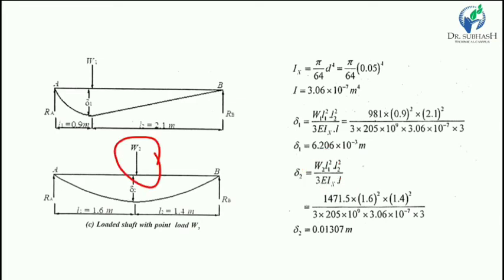For delta 2, we consider only mass 2 or weight 2, not the mass or weight of rotor 1 and rotor 3, and also not the self weight of the shaft. Only the weight of the second rotor is considered. The equation is given for delta, with L1, L2 and L values put in; E and I are the same for all deltas, and the weight of the rotor is given.